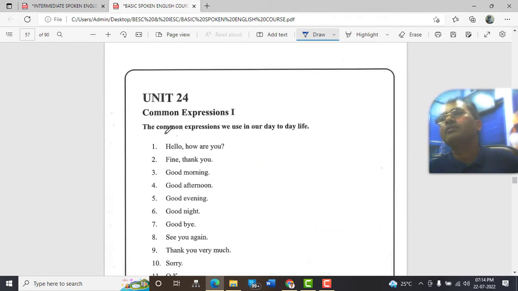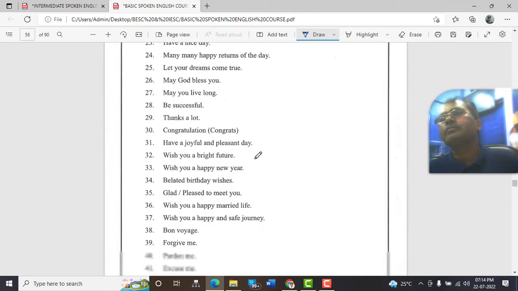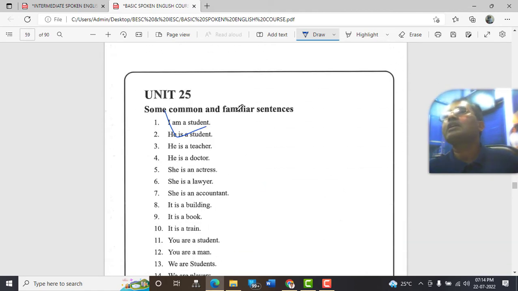Again, these are all action words, common expressions, and then we will go for some common and familiar sentences. These are very simple sentences, but you can add an additional sentence, and then you start using 2-3 of them in a complex sentence. Okay, I was a student, now I am a teacher.